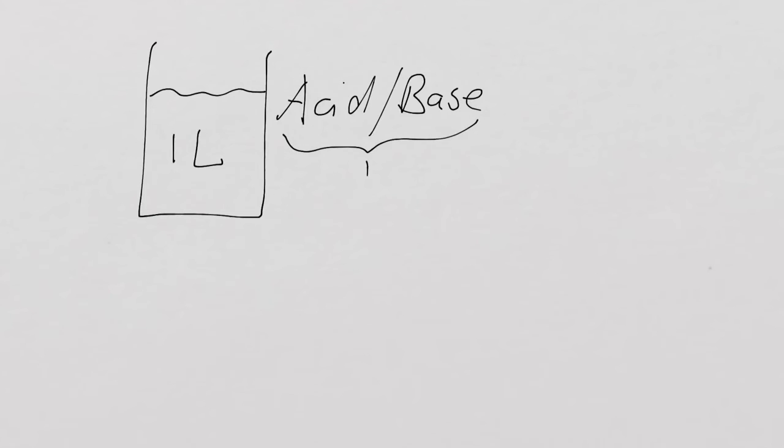Let's say we have a similar scenario. We have 1 liter, but this time we have an acid and a base in it, at a mixture at a ratio of 1:1.